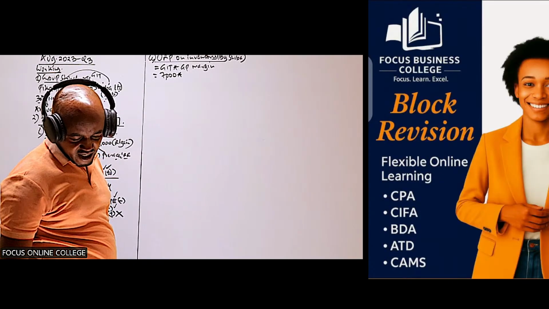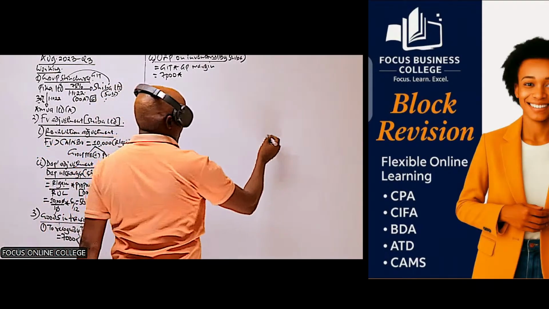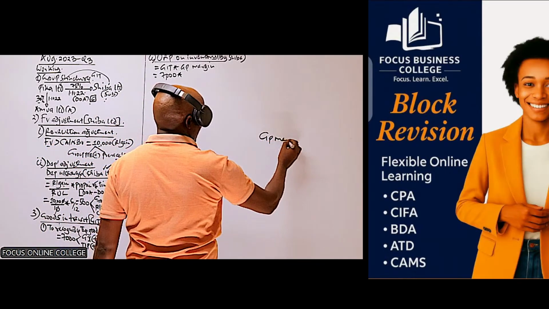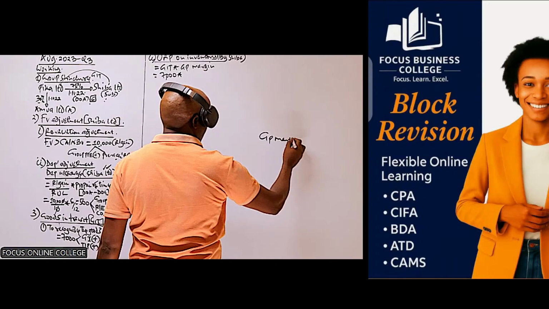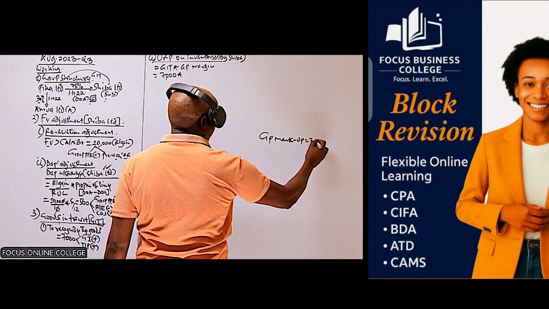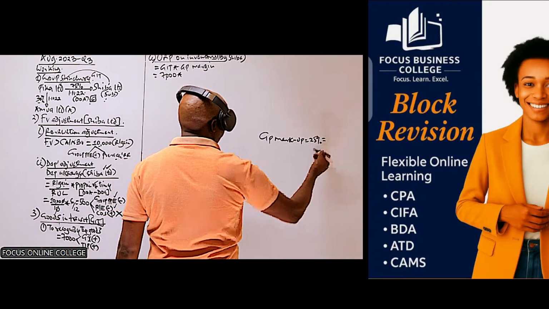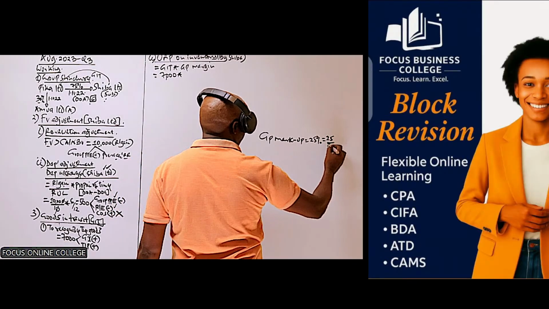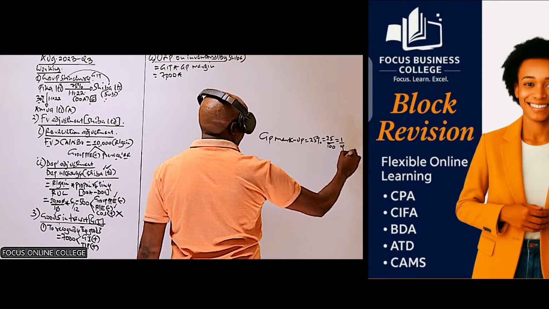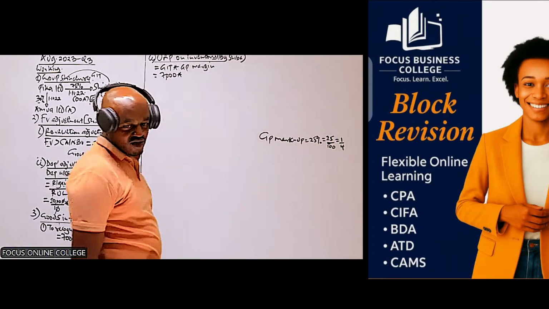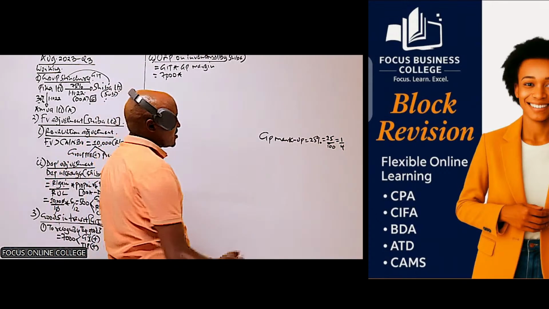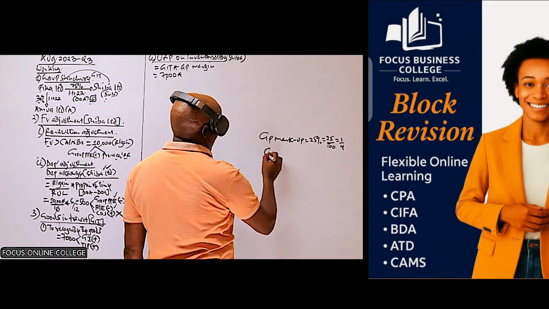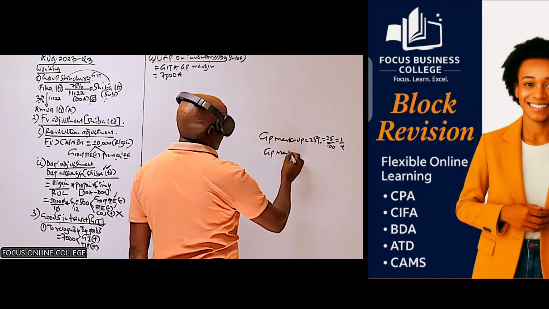No. What we are given is the gross profit markup, which is 25%. 25% as a fraction is 25 over 100, which is basically a quarter. If we have that as our markup, how do we compute the gross profit margin?